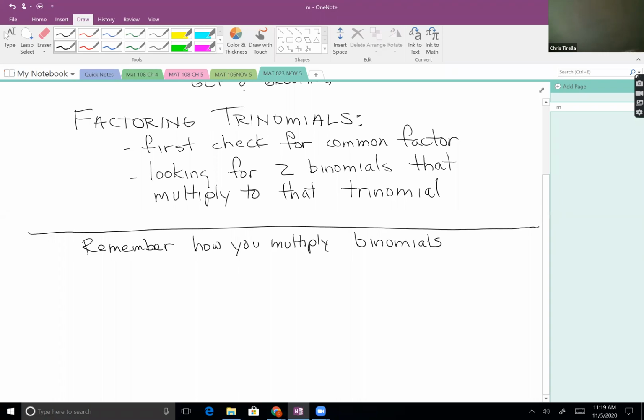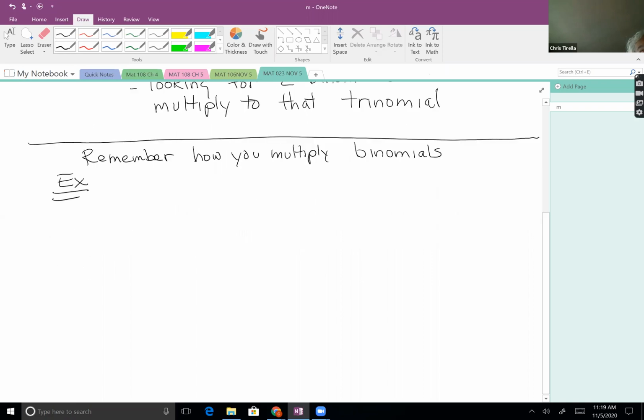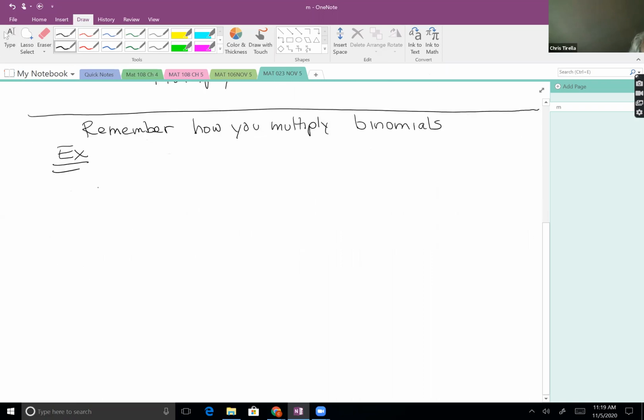And so I'd like to look at a few examples of the product of binomials. For the first example, let's look at x plus 3 times x plus 8.